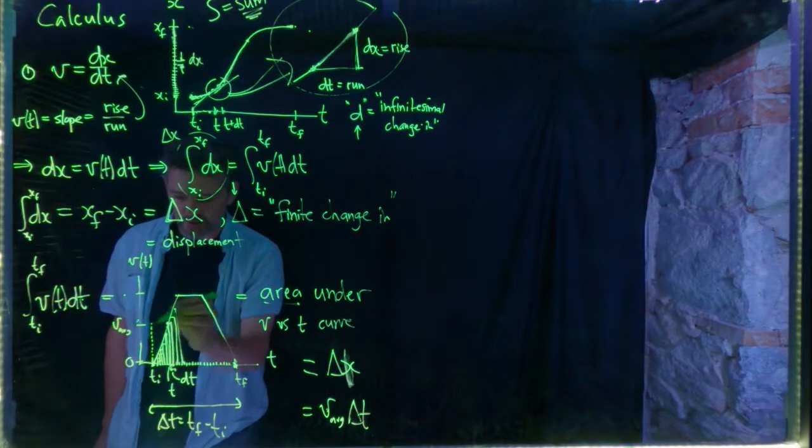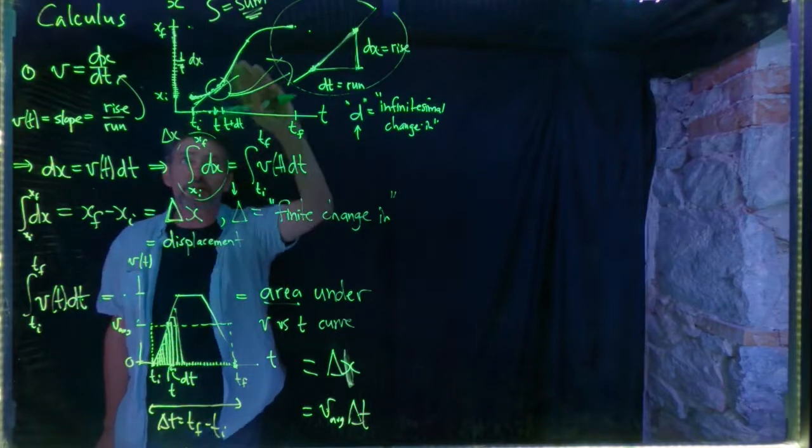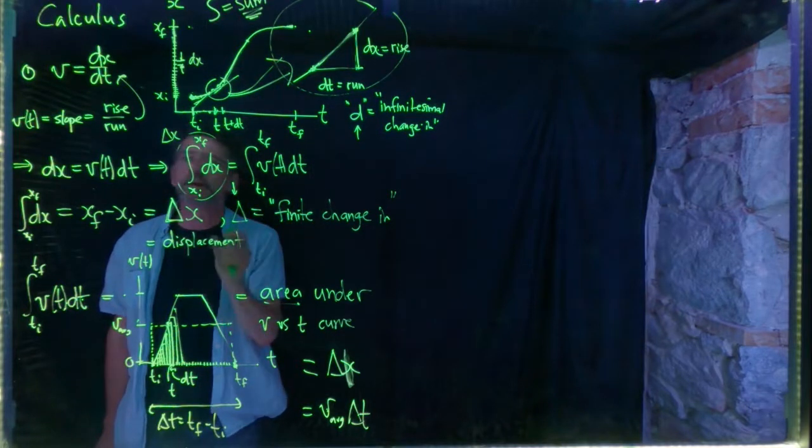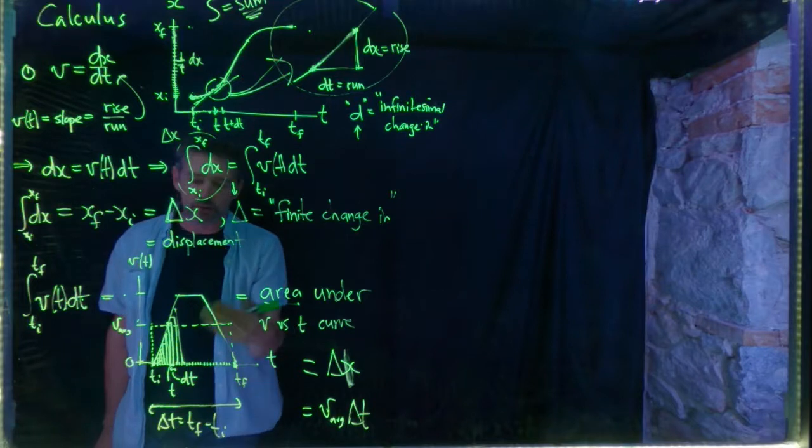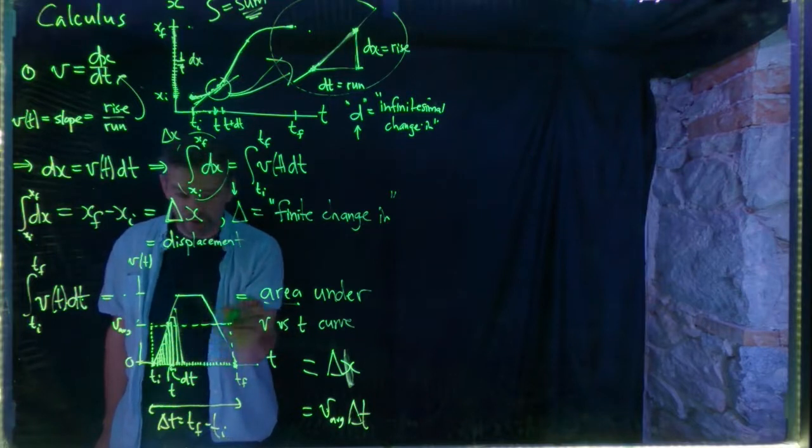What is the average velocity such that if the car were moving not at 0 velocity, then increasing, then decreasing, but instead at a constant average velocity as time went on, what would be the displacement? Well, the displacement would be the average constant velocity in meters per second times the total time over which it was doing that. Meters per second times seconds is total displacement.